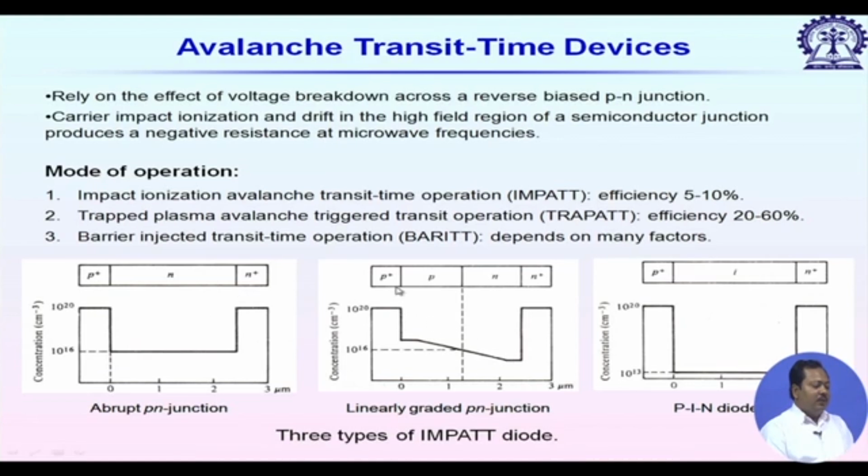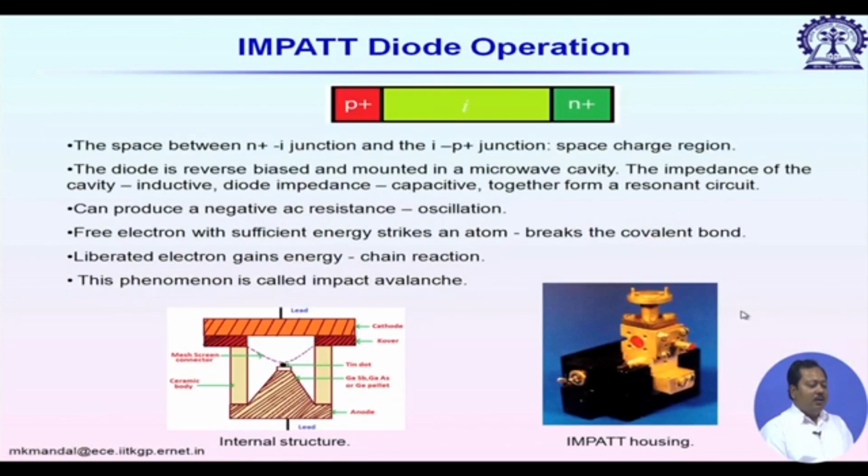Next one, p plus p n n plus. This lightly doped p n part is used as the drift region, and next one is p plus I n plus. The intrinsic layer is used as the drift region where electrons will accelerate and gain sufficient energy from the electric field, so that they can break a covalent bond when they impact.